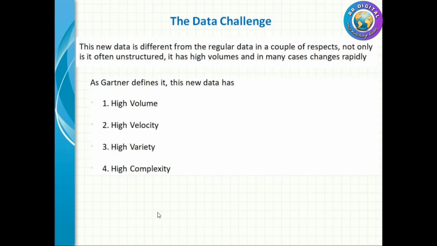Which technology will support storing different varieties of data? Only big data Hadoop will. It will allow you to store structured data, semi-structured data, and unstructured data, and images, videos, audio files, any kind of data. Big data Hadoop supports it.